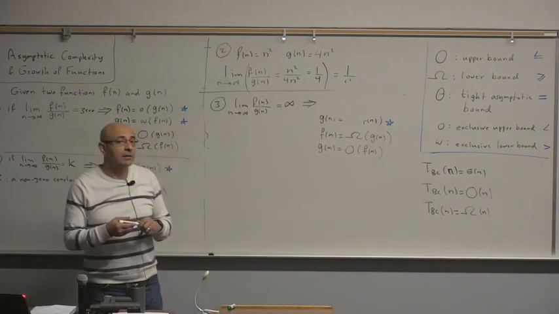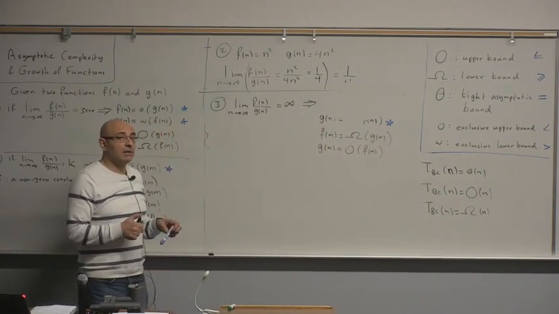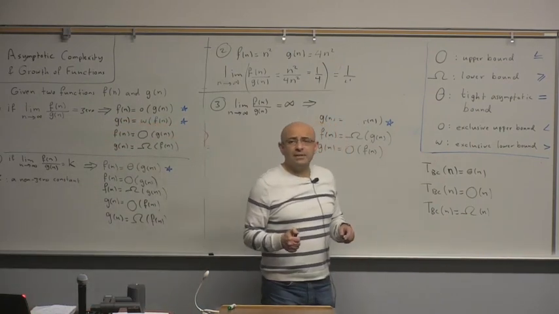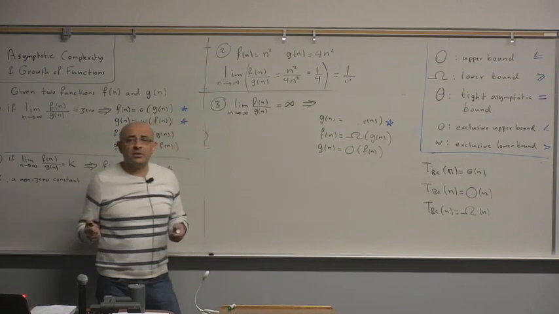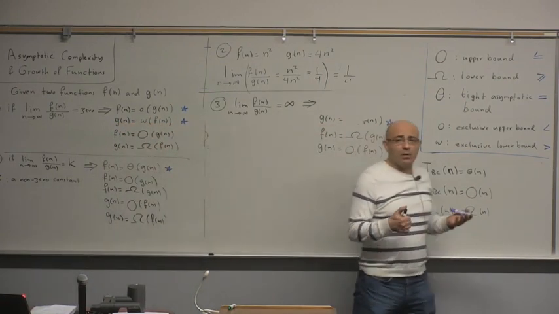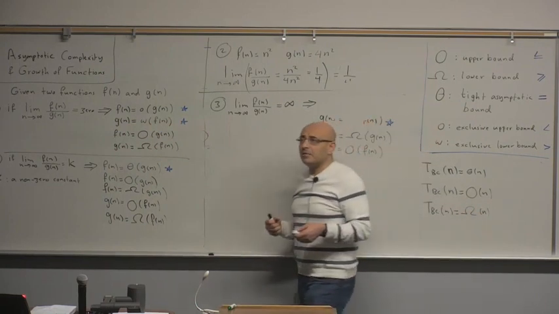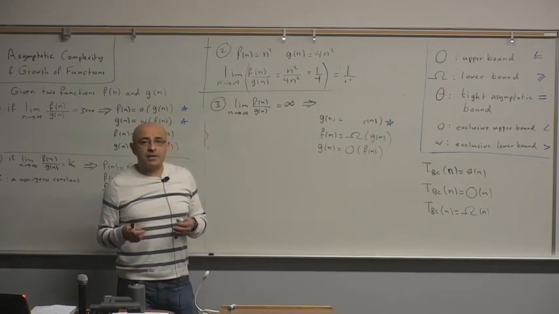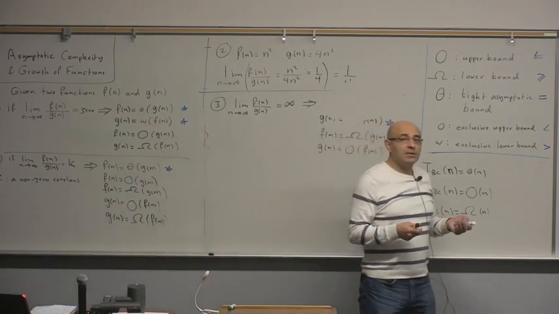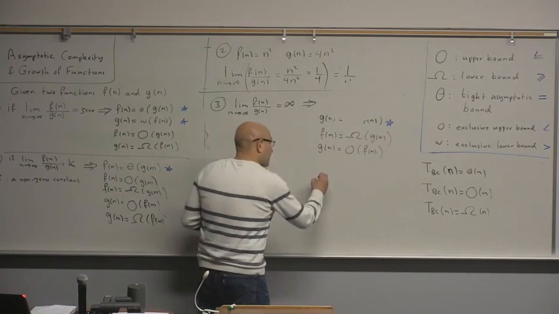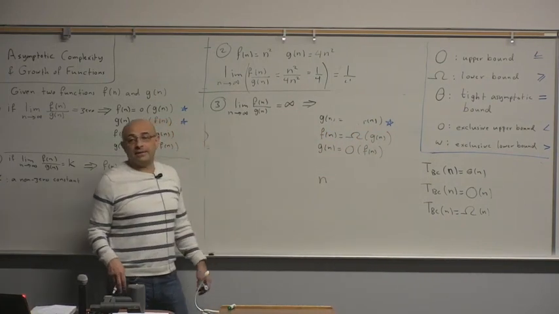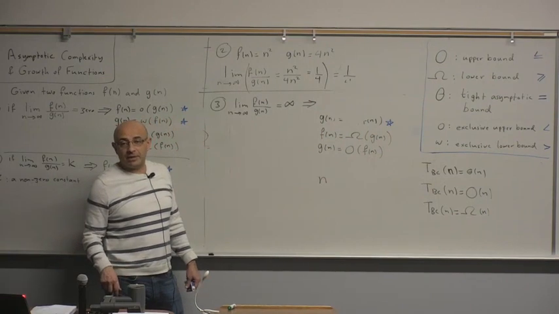Is there a problem that has a different upper bound and lower bound for the best case? Yes, it depends on how precisely you do the analysis. Basically, for any algorithm there is an infinite number of upper bounds and an infinite number of lower bounds. If n is a lower bound, then any function that is smaller than n is going to be a lower bound as well.